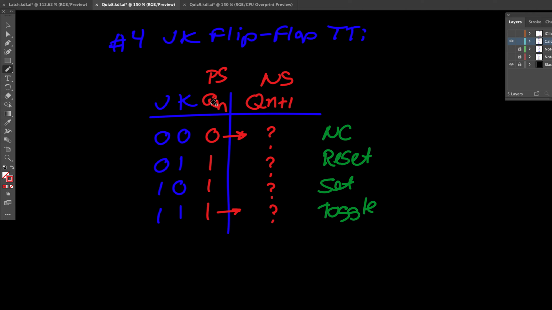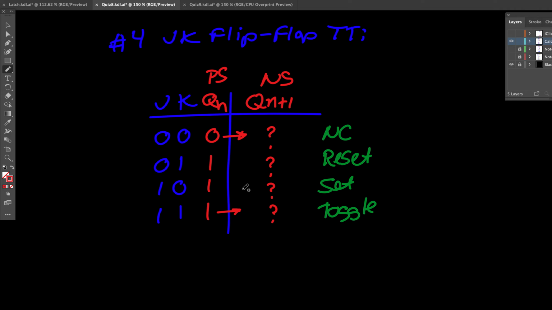So this is a sequential logic circuit where the output does not depend upon the inputs by themselves, but it depends upon the prior value of the outputs. Or I should say the present value of the state, the outputs, plus the inputs determine the next ones.